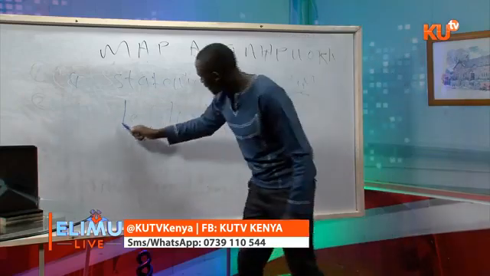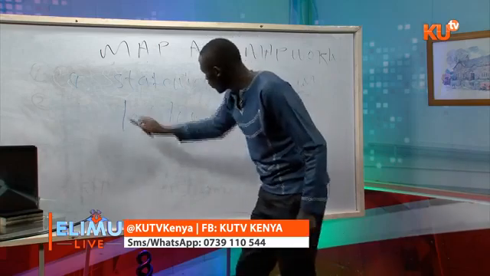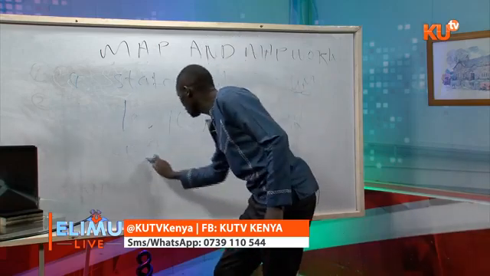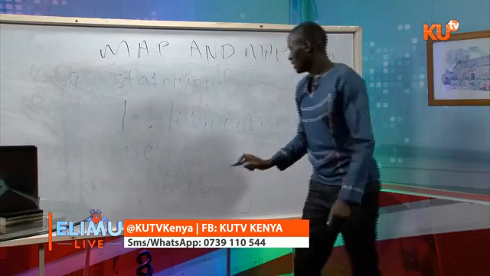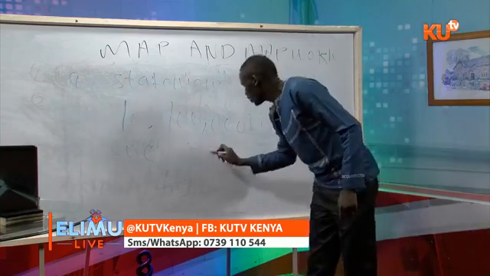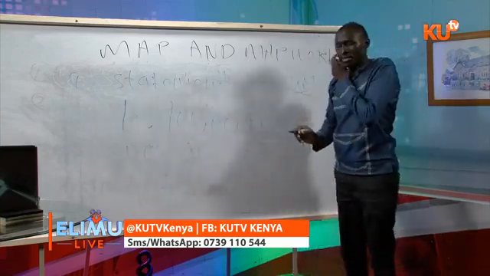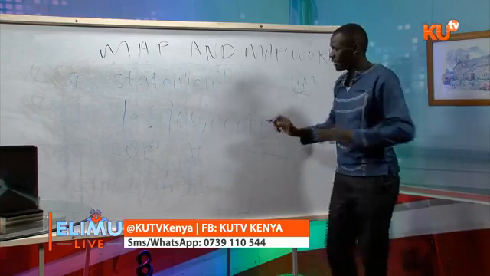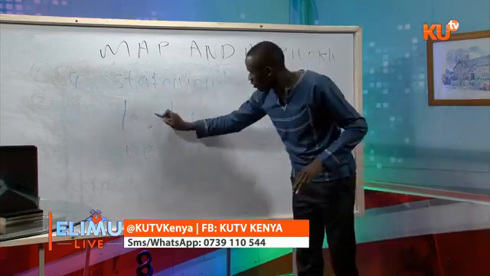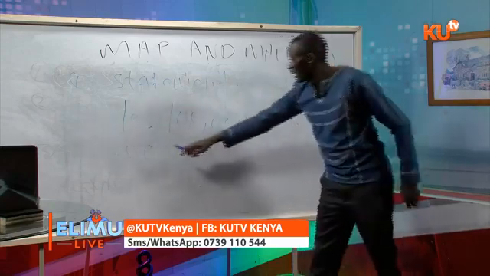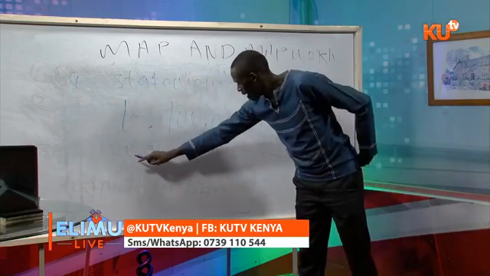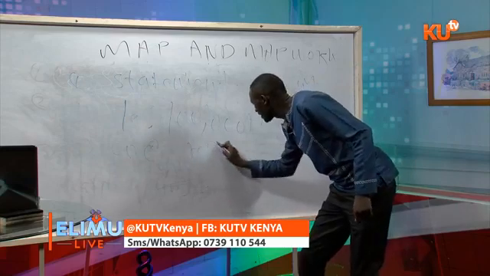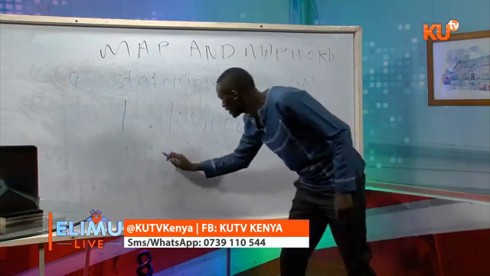You just take this 1 and write it into words. You say 1 represents. Don't use the word 2 because this is a division.